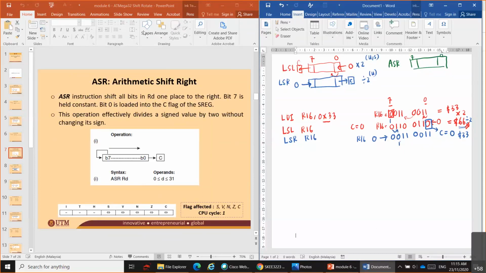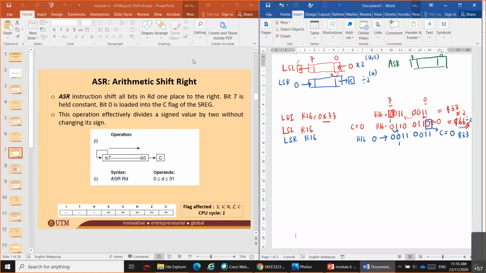Chuan Sing Lang asks, will the V flag be triggered if the value 1 goes past bit 0? I think the V flag is only triggered if there is an overflow from bit 7 to bit 6, not from bit 0 to other bits.